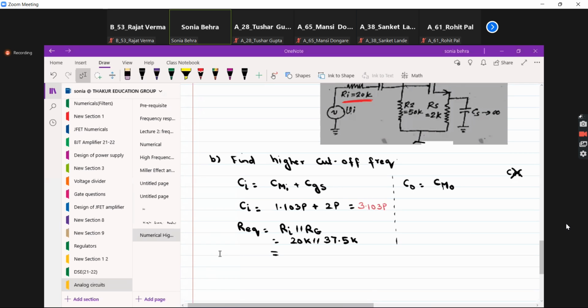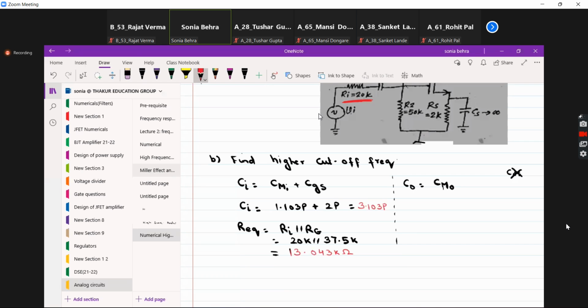Give me the value. Yes, yes. Others, please start putting it. So our R equivalent is coming out to be 13.043 kilo ohms.